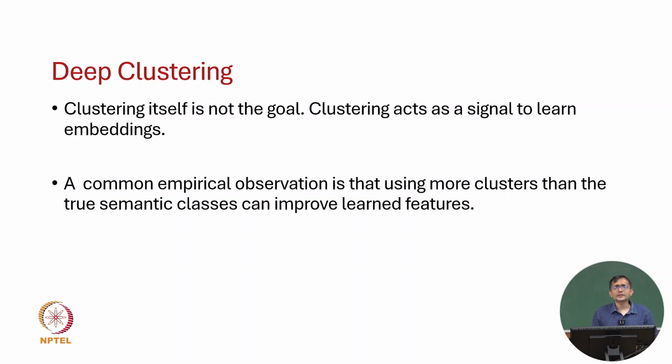So in most classification tasks, we will say that, okay, building, one class. However, building, if you think about it, is not just one particular class, right? There are subclasses within this building class. So this needs to be accounted for in the deep clustering mechanism. That's why often using more clusters than the true semantic classes can improve learned features.